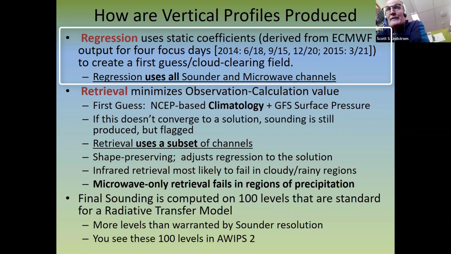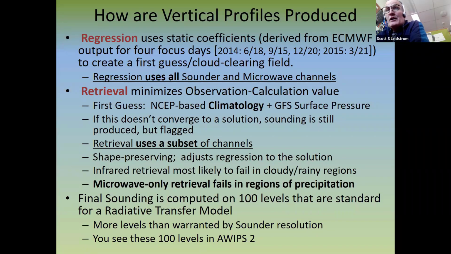Initially, those were one for each season in 2014 and 2015, and that creates a first guess field that's also used for cloud clearing. Note that the regression uses all the sounder and microwave channels, so all 1,305 CrIS channels, all 22 ATMS channels. Those are used to create a first guess estimate of what the atmosphere looks like.